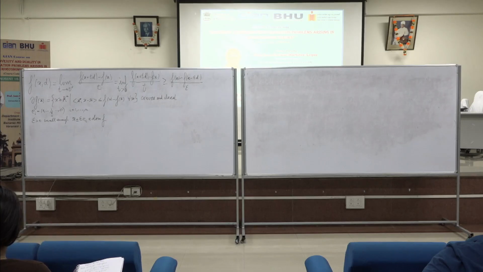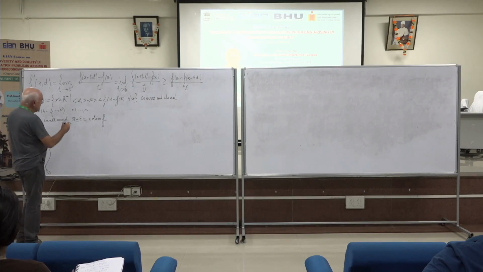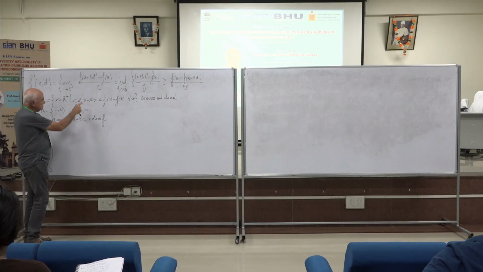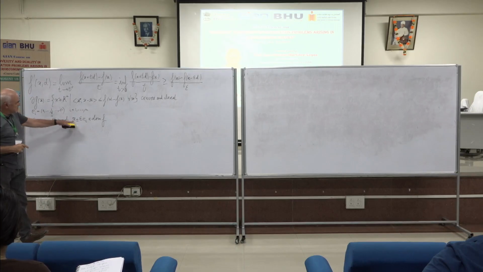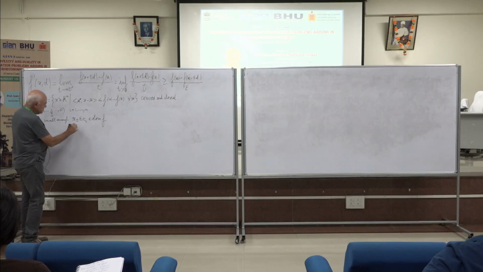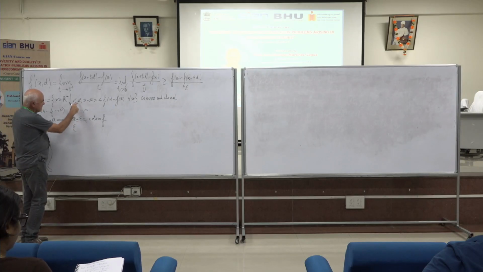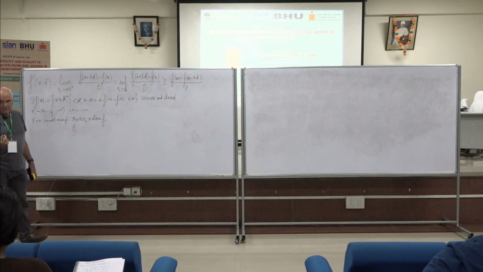And then, what do we have? Apply this inequality first for x equal x bar plus epsilon e_i, and then for x bar minus epsilon e_i. Then what we get is, in the plus case, epsilon comes out, and then e_i times the difference is the ith component of this difference, okay?